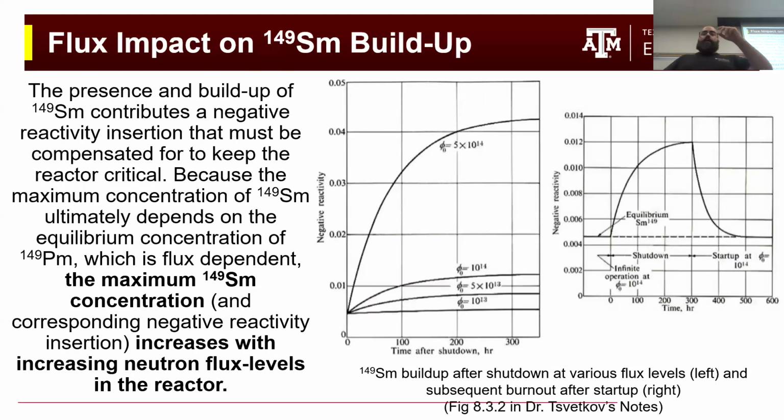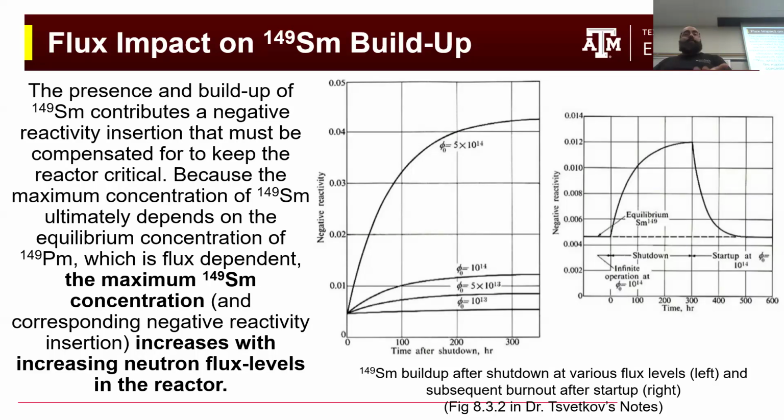Okay. So this is showing how the value of our flux will impact how much samarium gets built up. This has to do with the fact that the buildup of samarium is dictated by the buildup of promethium. And if promethium is produced from fission, then if we have a higher flux, we're going to get more fissions.